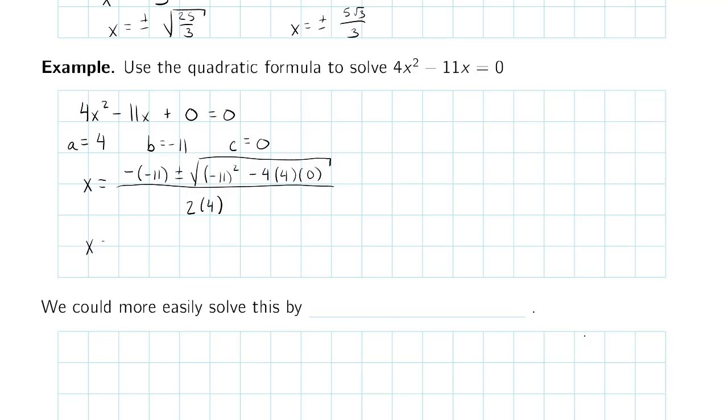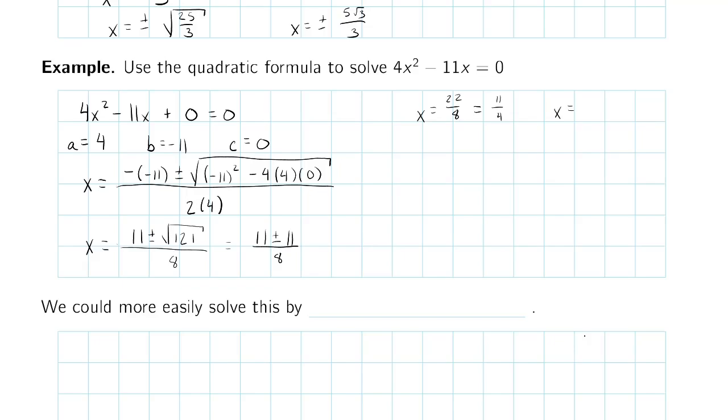So x equals 11 plus or minus the square root of 121 over 8, which is 11 plus or minus 11 over 8. We could have x is 22 over 8, which, canceling a common factor of 2, is 11 over 4.